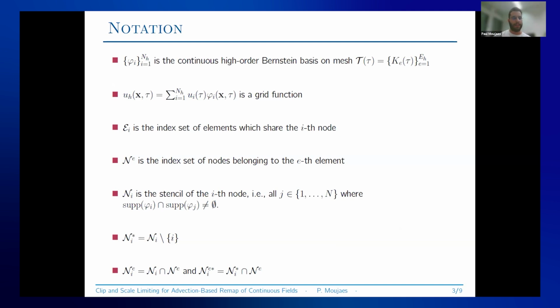We have the element stencil N_e, so the indices of the nodes that belong to the eth element. We have the global stencil of the ith node, which is N_i. And we have the stencil of the ith node without i itself, and some localizations on elements of those sets.